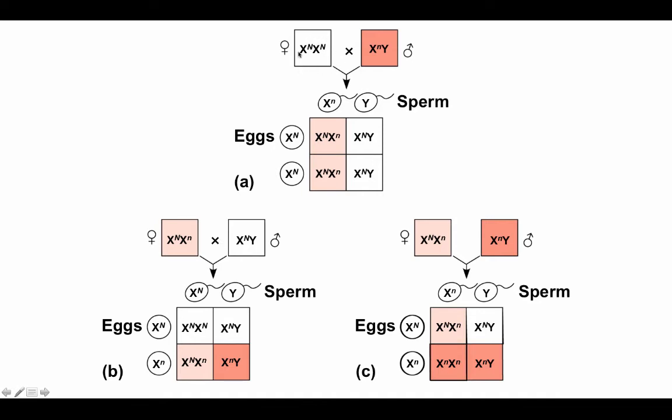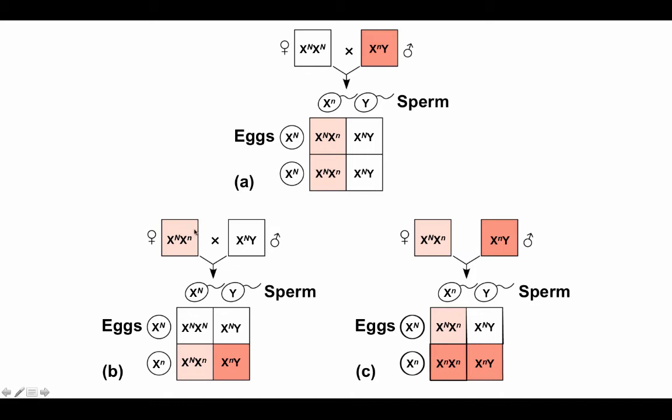If you have a homozygous normal female crossed with a male who's affected with colorblindness, and you do the Punnett square, half of the offspring will be female, and all of them will be heterozygous carriers of this colorblindness allele. None of the males will be colorblind, even though their father was colorblind, because they're getting their X chromosome from their mother, who had only wild-type normal alleles.